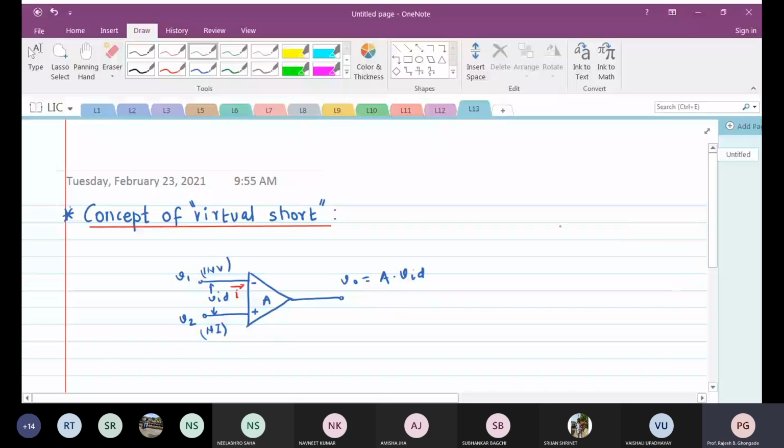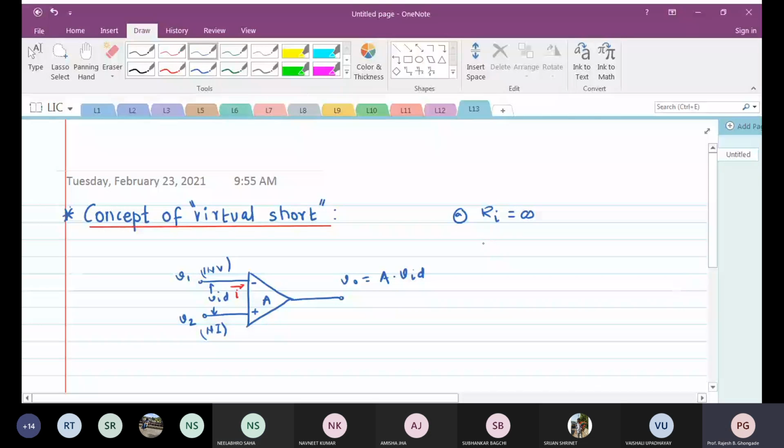So point number one, what is the input impedance of an ideal operational amplifier? Yesterday we have seen the characteristics of the ideal operational amplifier. So infinity. Ri is infinity.